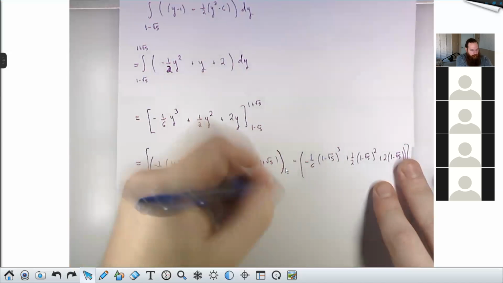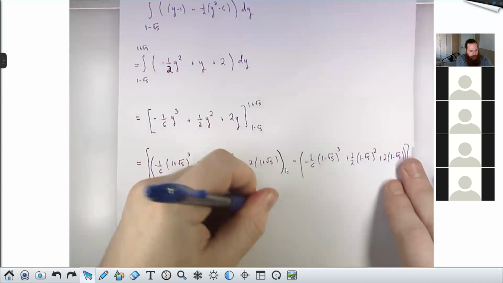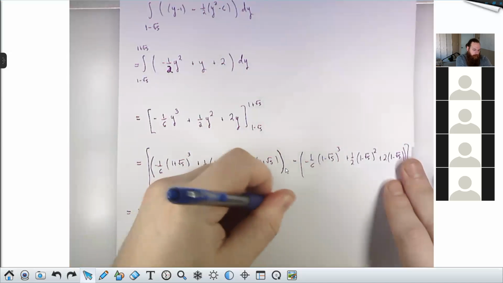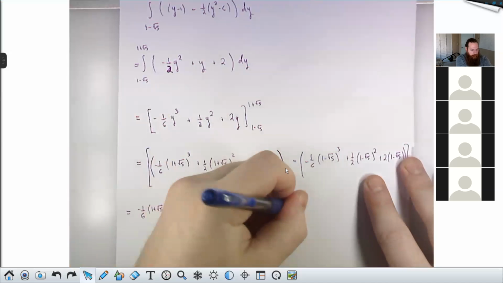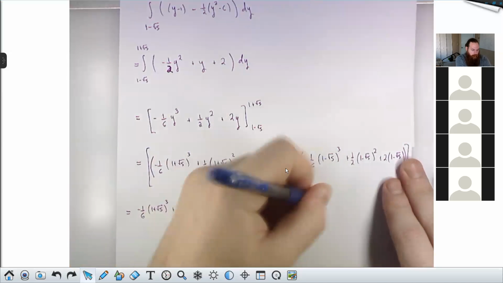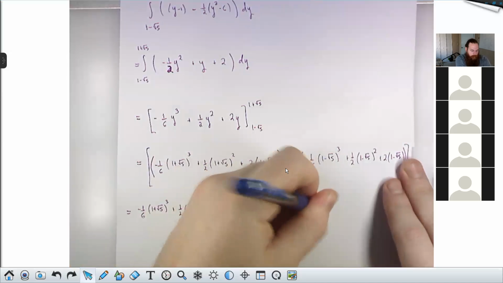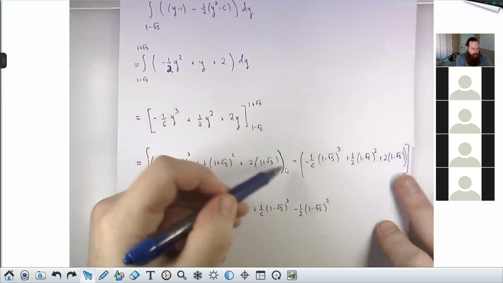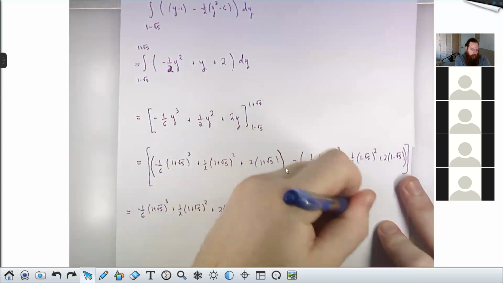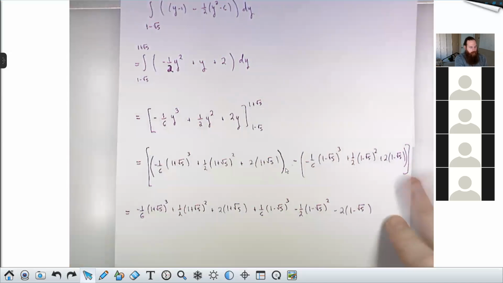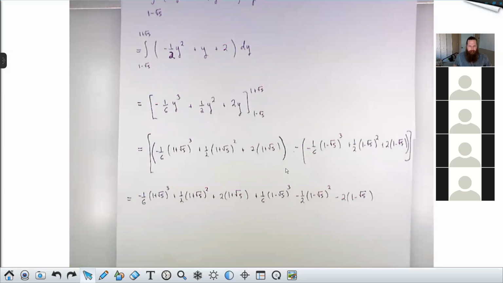And then we'll have minus makes plus 1/6, 1 minus the square root of 5 cubed. This minus will come here to make minus 1/2, 1 minus the square root of 5 squared, and then minus 2 times 1 minus the square root of 5. That would be my first step cleaning this up.